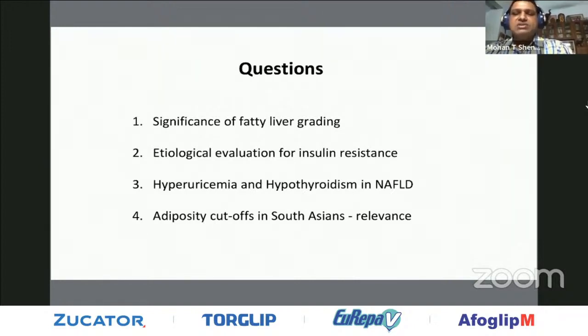So we have to evaluate the etiology of the insulin resistance and delve into the reasons for NAFLD, that is, non-alcoholic fatty liver disease. For this patient with raised uric acid, is it significant for this country? And also, what is the relevance of adiposity cutoffs in the South Asian population?